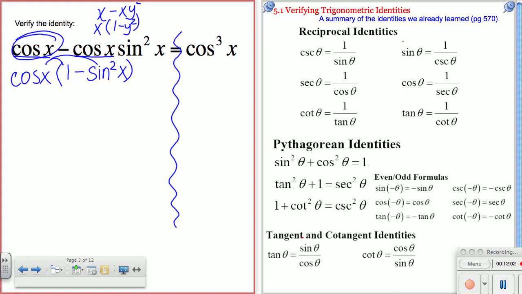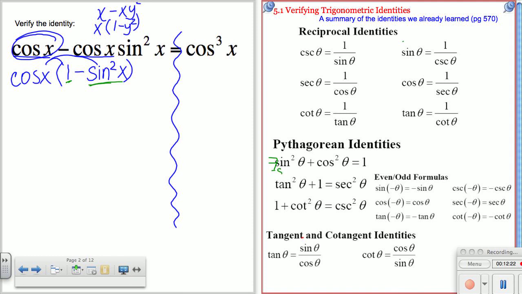Now, how does this help me? Does it get me anywhere else? I see a 1 and a sine squared. So I'm thinking that kind of has the pieces for one of my Pythagorean identities. If I look over here at this Pythagorean identity, sine squared plus cosine squared equals 1.